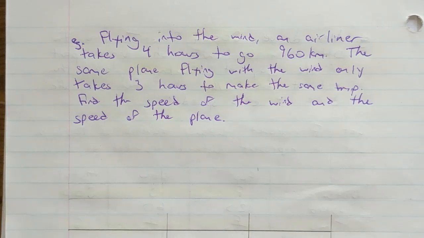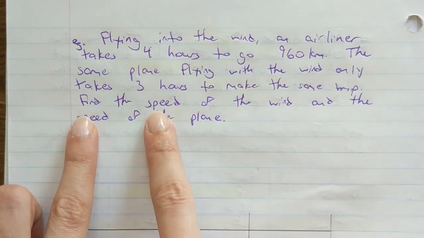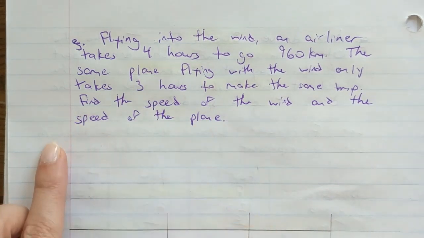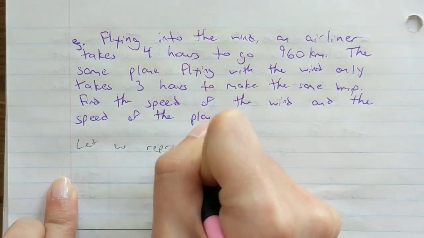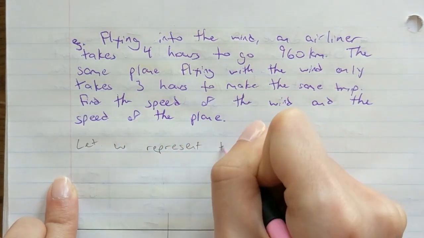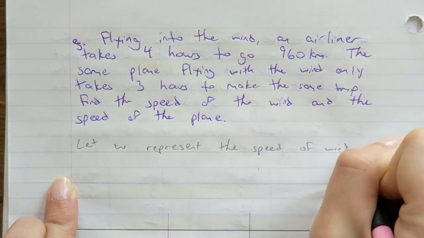Let's start off with writing some of our let statements here. Again, I'm finding my let statements right from the last line of the question. I need the speed of the wind, the speed of the plane. So I'm going to let W represent the speed of the wind.